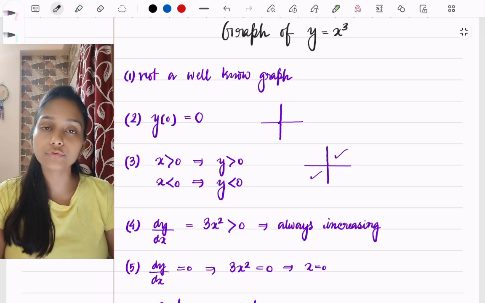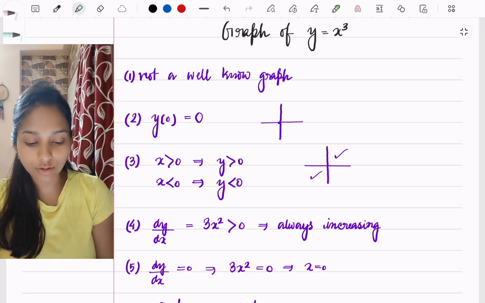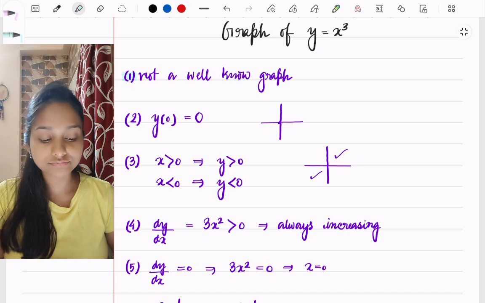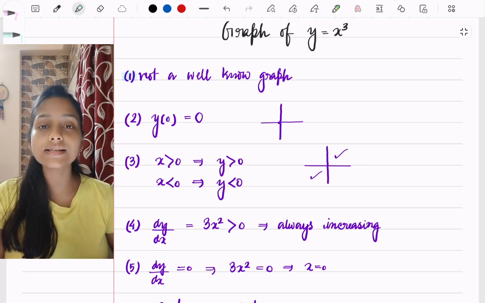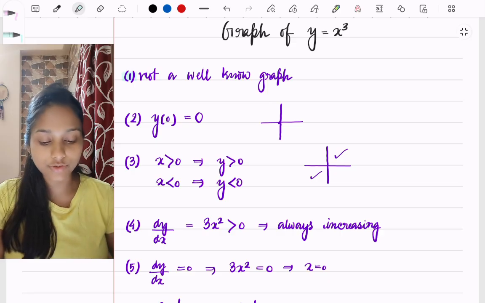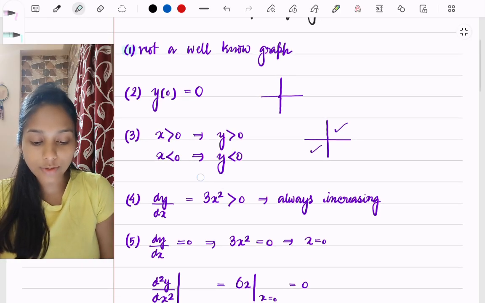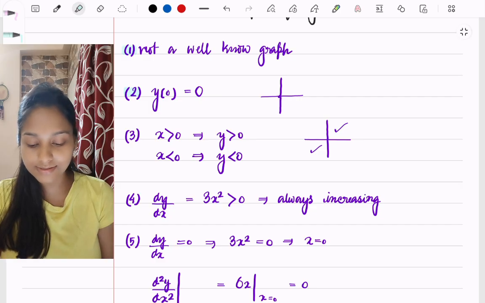However, the graph of y equals x cube is not a well-known graph. We start by analyzing its properties, and by using those properties I will draw the graph of that function. So first, y at 0 gives 0.